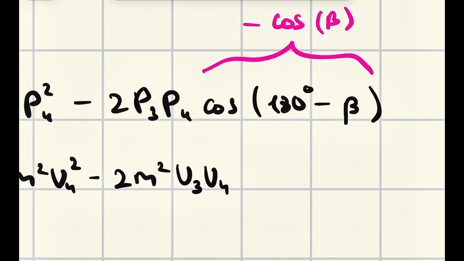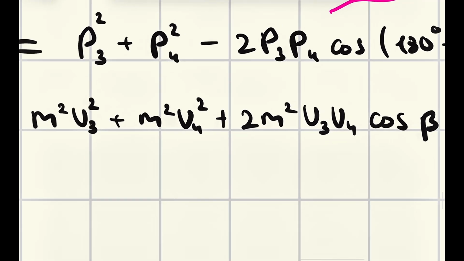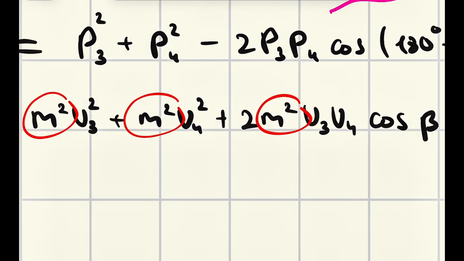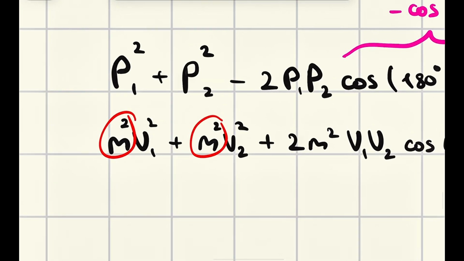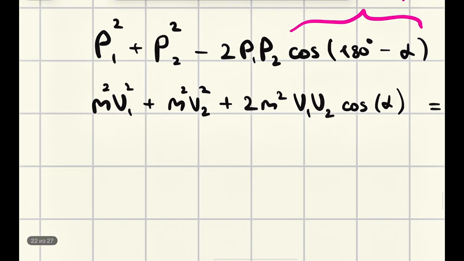That's why minus and minus would give us plus. This would be plus cosine beta. Okay, good. And as you can see, we can take these masses out as a common factor, and the same thing happens here. The very same masses come out as a common factor, and then you definitely know where it is going. Just cancel. This is canceled.